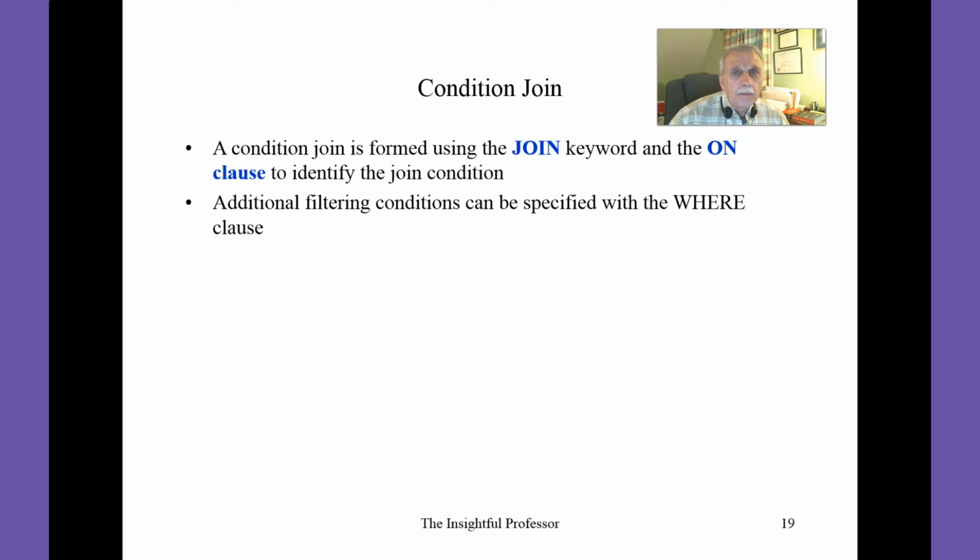The on clause cannot be used by itself, but must be used together with the join keyword. We can also introduce additional filter conditions, and these could be used in the on clause, but I believe it's much more appropriate to place the filter conditions in the where clause.